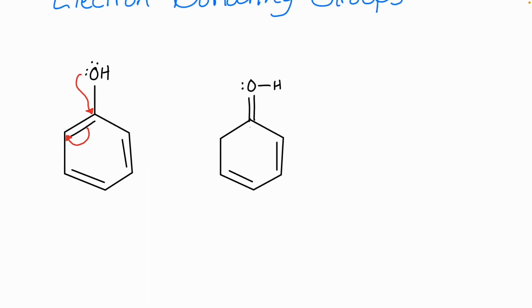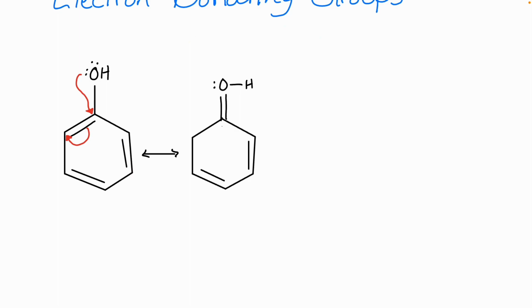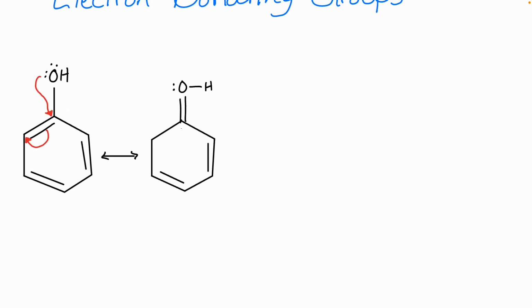Fill in my missing formal charges here. All right, what's missing from here? Do I have a positive charge anywhere? Where? My oxygen. Where's my negative formal charge? On the carbon that accepted that pair of pi electrons.